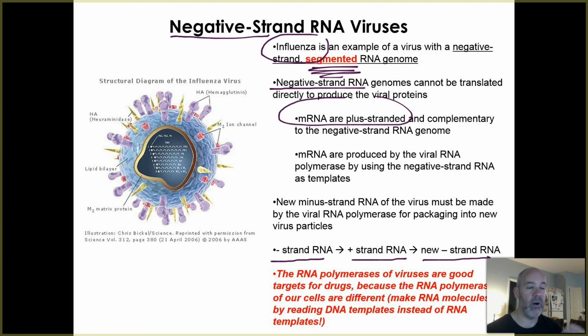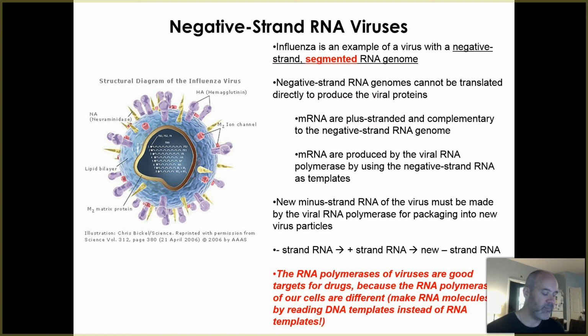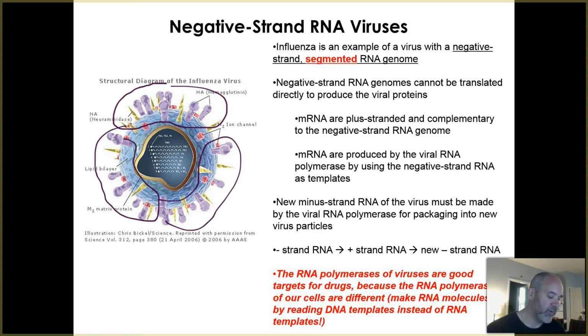So if these RNA genome pieces are mutating, those have genes on them that code for, here on influenza, all these little protein spikes on the surface. Those are flu proteins. So if the genes are mutating, those flu protein spikes mutate. That's what your immune system is looking at.